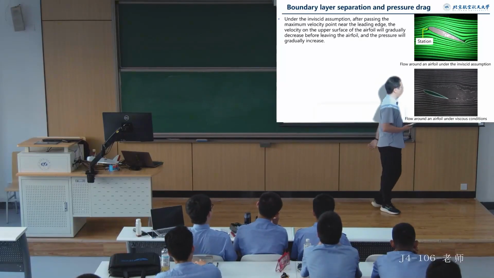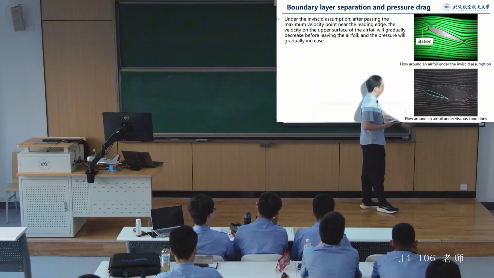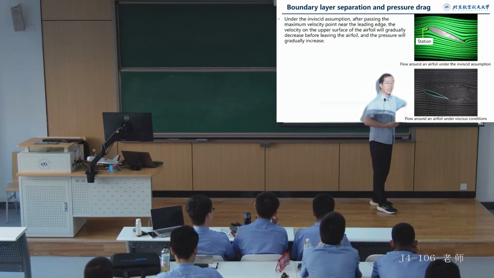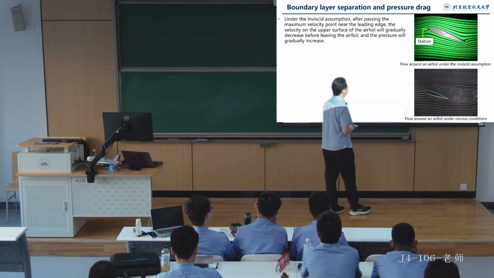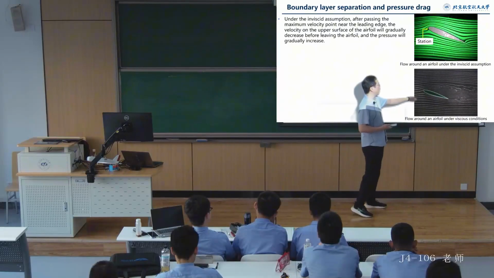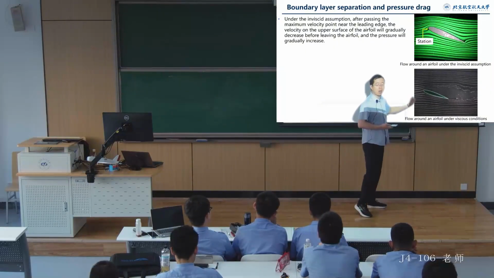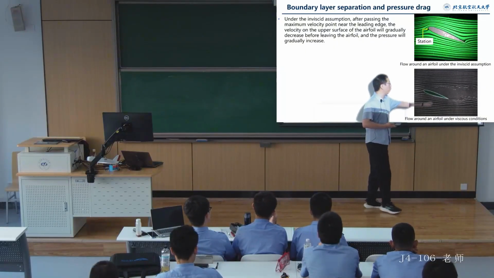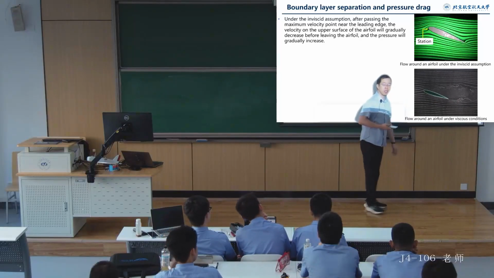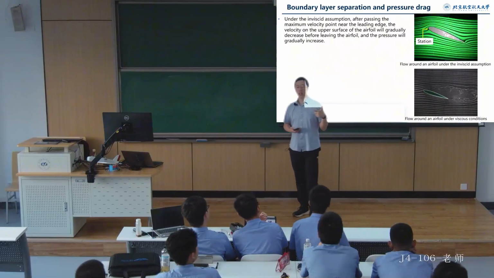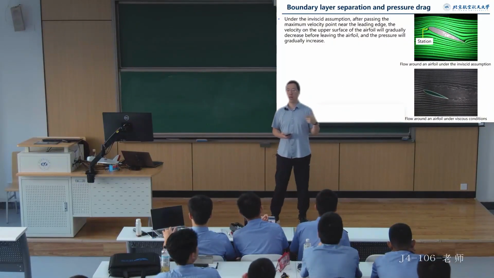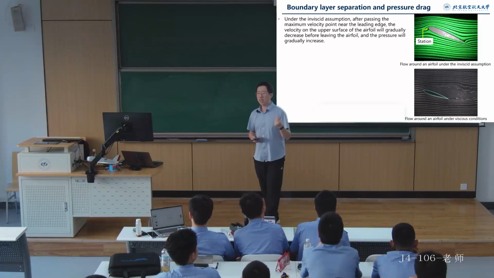So what happens after separation? In fact, it maintains a relatively low pressure state as it moves downstream. At this point, the previous stagnation point still exists, so this high pressure area still exists, but the high pressure area behind disappears. What happens between the front and back? The pressure is higher at the front. The pressure is lower at the back, creating a pressure difference between the front and back.